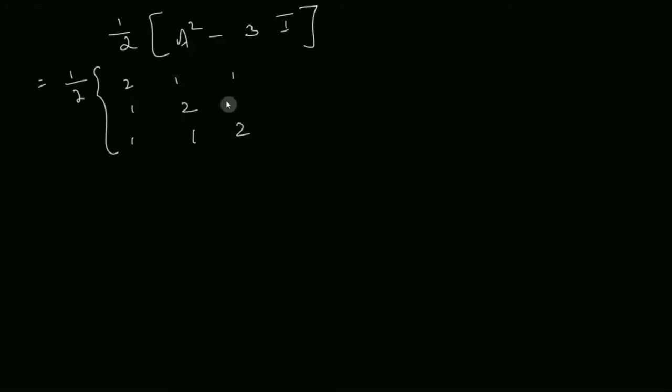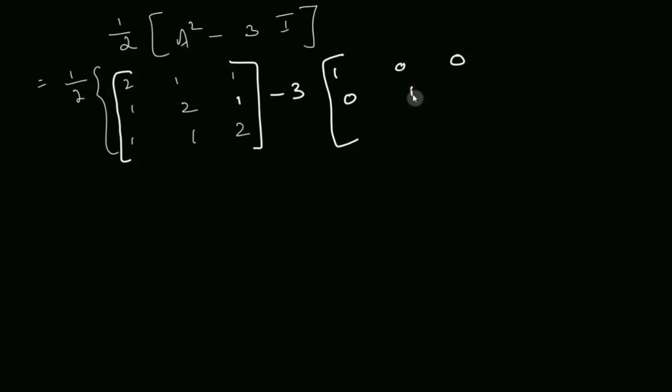This is the matrix A square minus 3 times I. I is the identity matrix of order 3, because here the matrix A is a matrix of order 3. So we have to take I as the identity matrix of order 3.